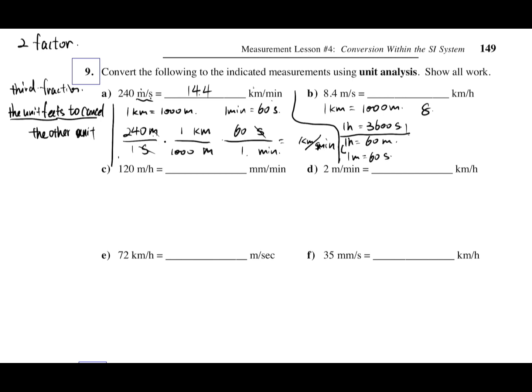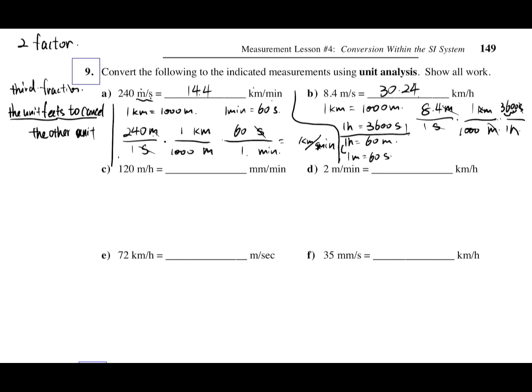So it's 8.4 m divided by 1 s times 1 km per 1,000 m, times 3,600 s per 1 hour. Then we cancel all the units, and the answer, using the calculator, is 4.